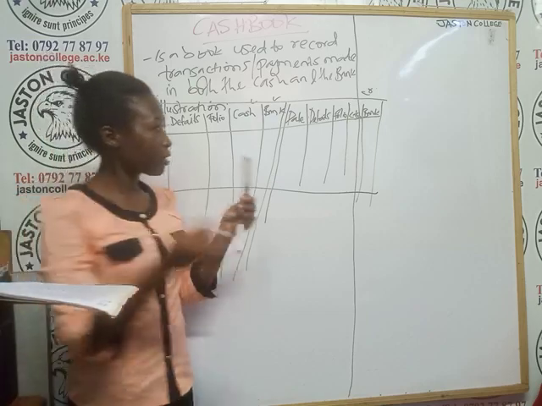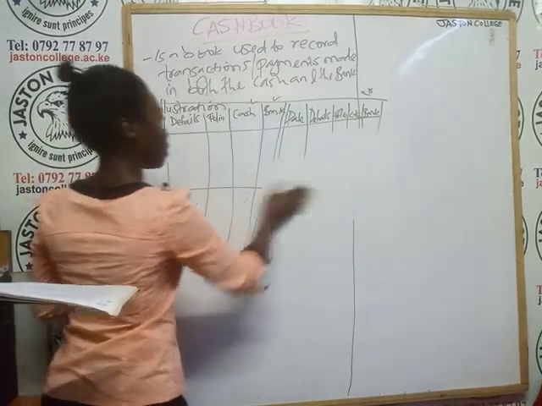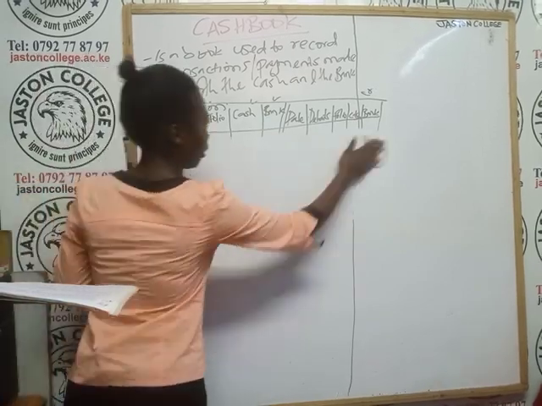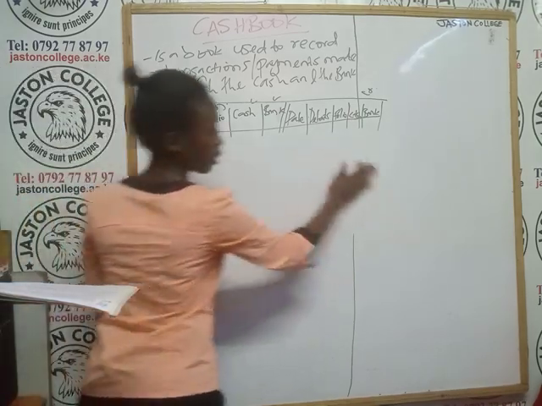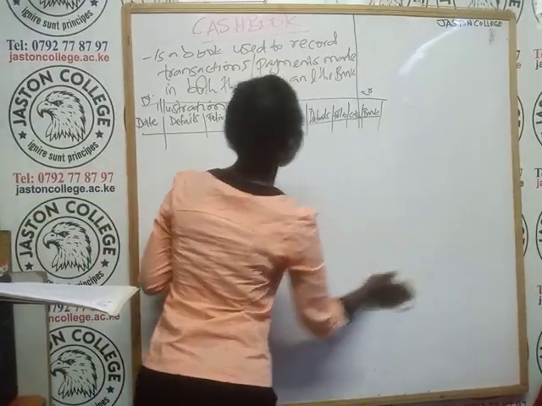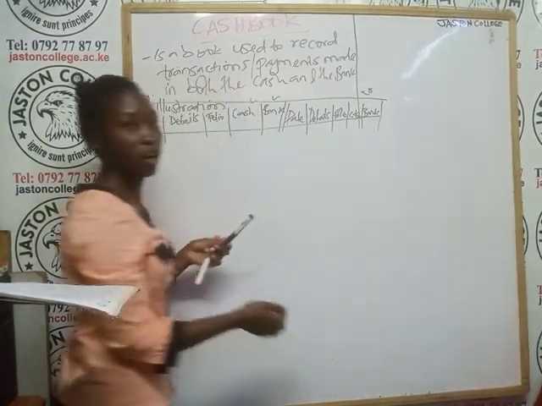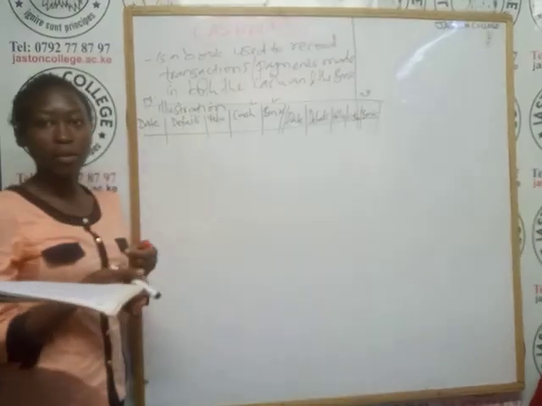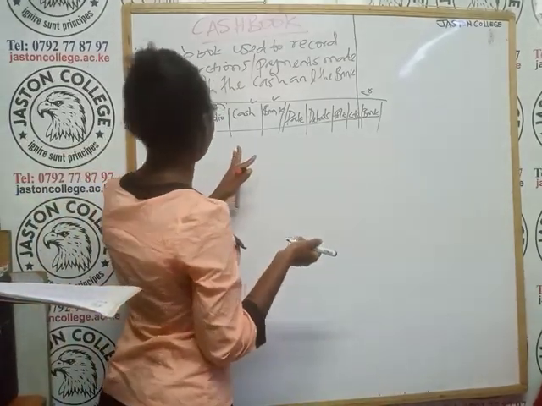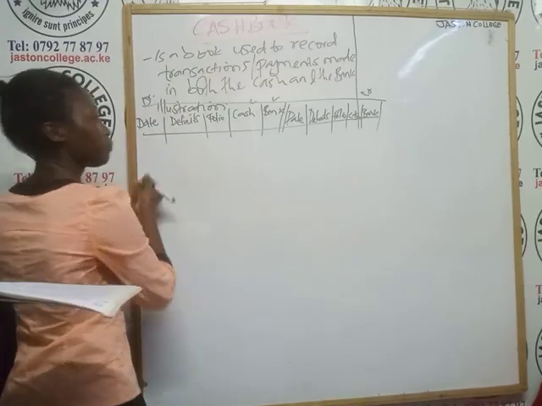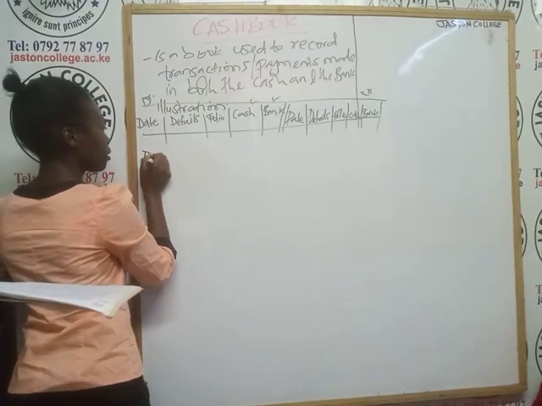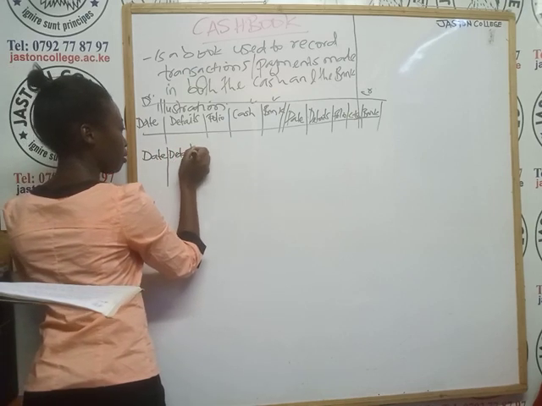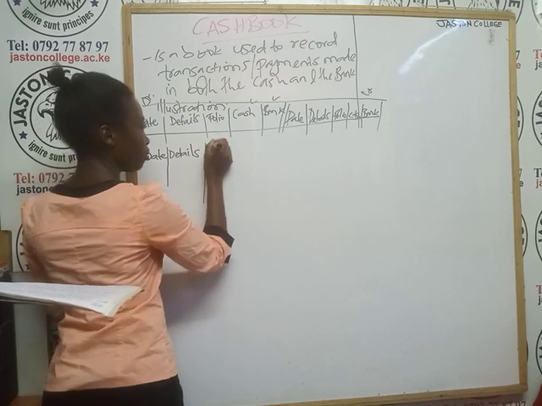Let me find some space for the 3-column cash book. The difference between the 2-column cash book and the 3-column cash book is that the 3-column cash book has the discount allowed and the discount received, which we will do here. We have the dates, the details, the folio.